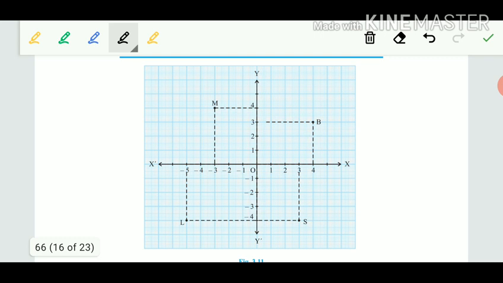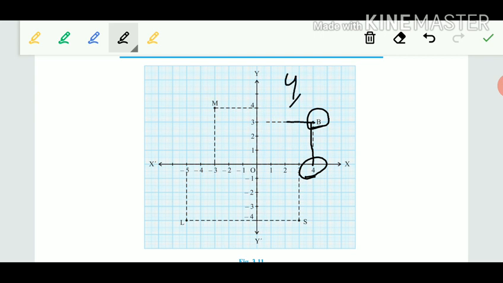Where is the point B? It is lying in the first quadrant. Now find the value of the x coordinate and the y coordinate of B. Perpendicular lines are already drawn. This perpendicular line cuts the x-axis at 4, so its abscissa value is 4.